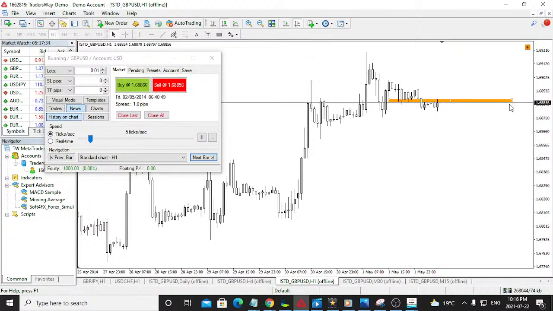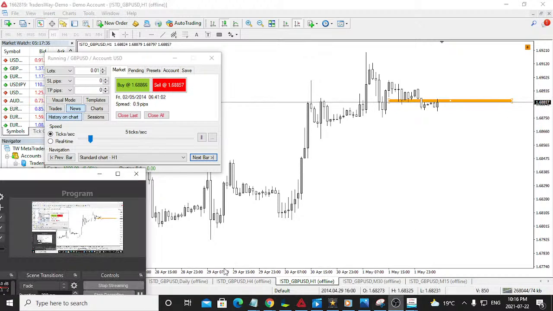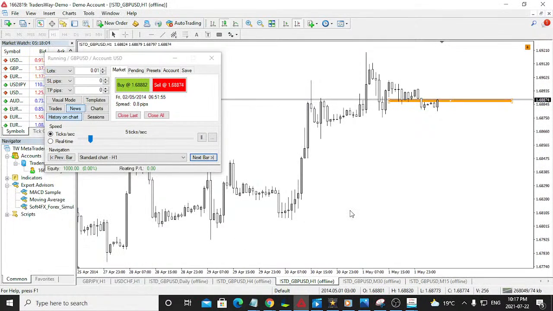Bear with me one moment. All right, sorry about that. So it did break that level of support that was right there, and it came to around this level of support and created a kind of second level of support right here.